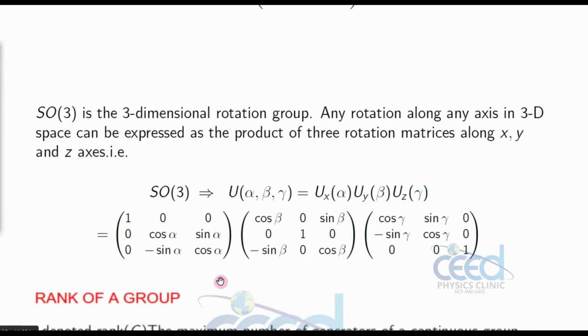So this is the three-dimensional rotation matrix. The final result is Ux(alpha) into Uy(beta) into Uz(gamma). This is the rotation matrix in three dimensions, right? So all this we have already studied. Now this is the SO3 rotation matrix, right?